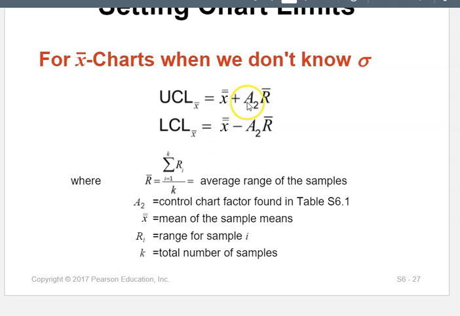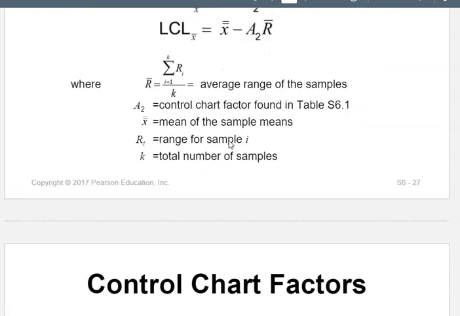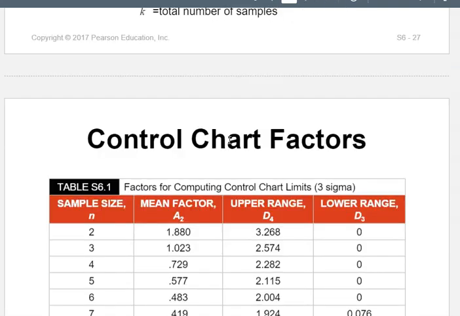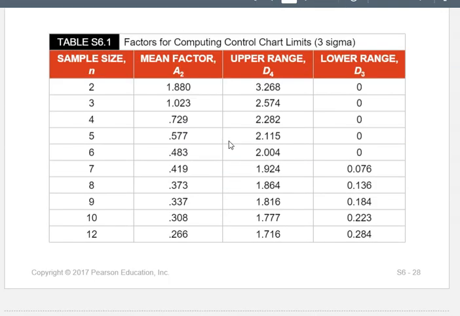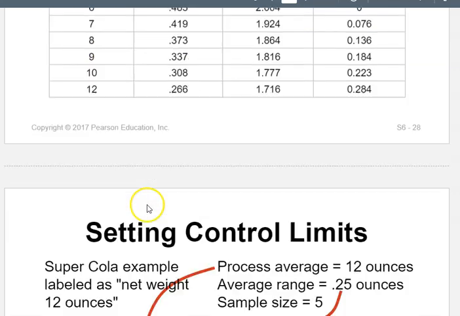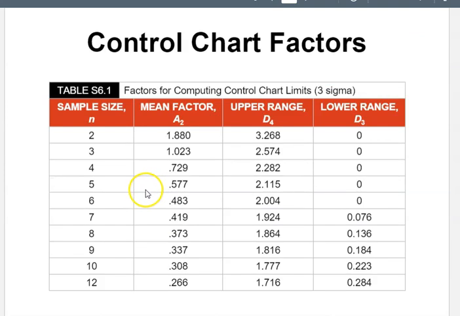What is A2? A2 is a number very similar to what you learned in standard deviation, but the value is actually provided to you. So based on how many samples you have, sample sizes 2 up to 12 are given. The examples we will give you won't have any number outside this range.